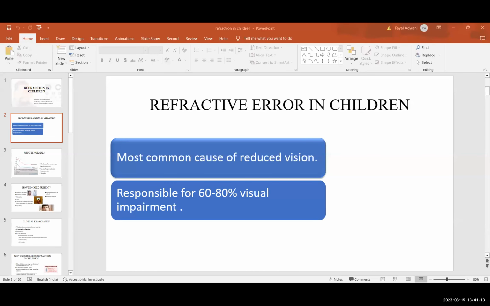Is it visible now, sir? Yes, it is visible. You can go to full screen and continue. Yes, sir.